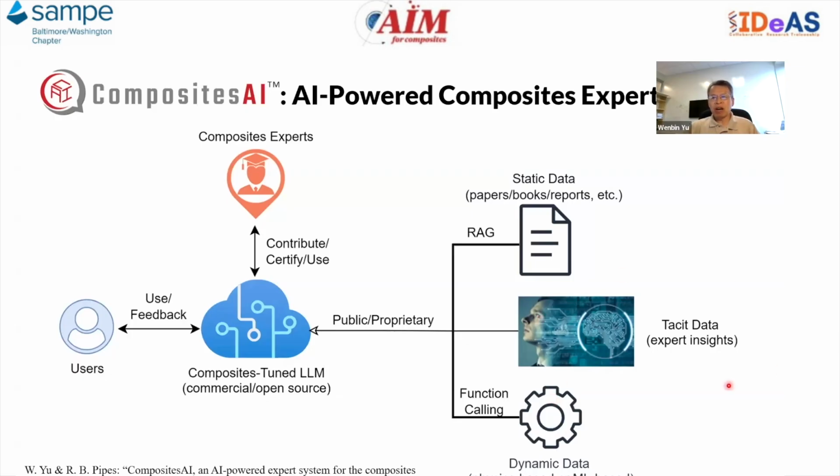And then you have certain types of tacit data. Tacit data is not documented and not incorporated into simulation tools yet. So through the interaction between the experts and the normal users, we convert the conversations into structured text that the AI can use. More details are described in my article in JEC Composites magazine, just very recently published.